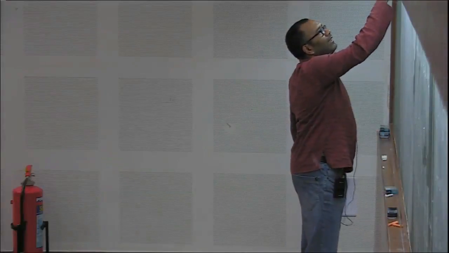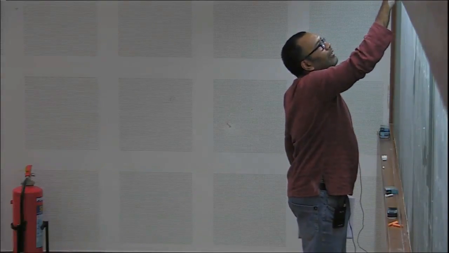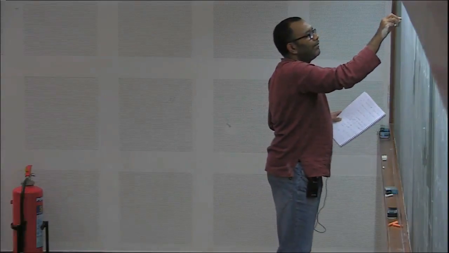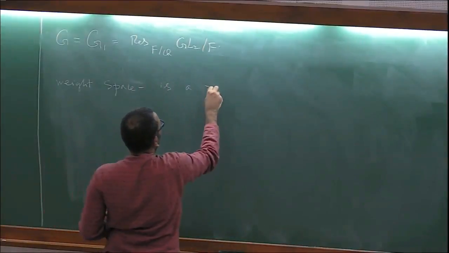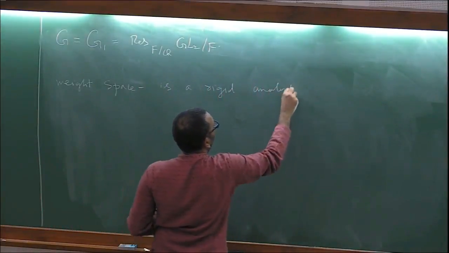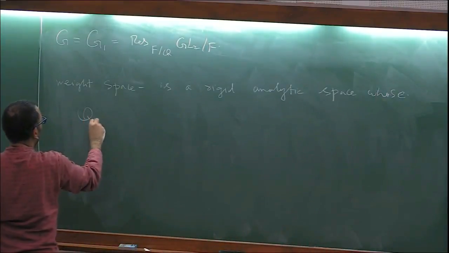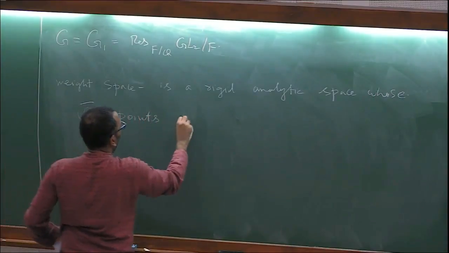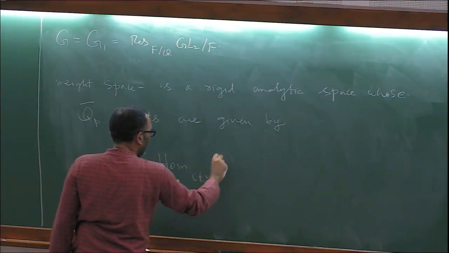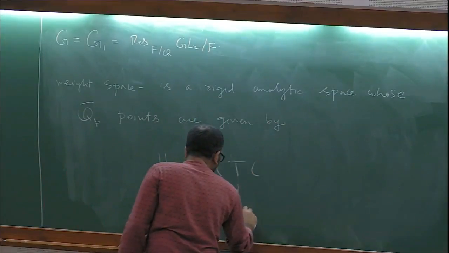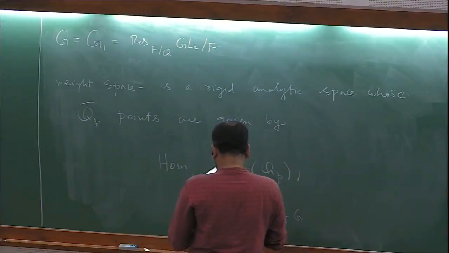First, let me take G to be G1, which is the restriction of scalars from F to Q of GL2 over F. In this case, the weight space is a rigid analytic space whose Q_p-bar points are given by continuous homomorphisms from the torus, the maximal torus of G, to Q_p-bar.